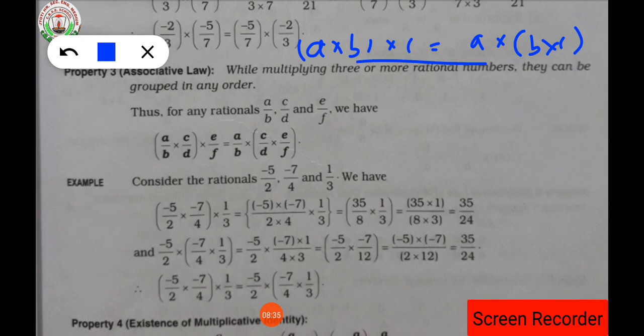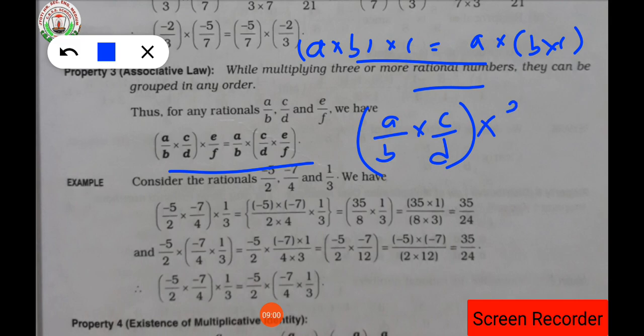This property is under integers. Since we are talking about the associative property under rational numbers, it will just change. Since a rational number is in the form of p by q, where p and q are integers and its denominator can never be equal to 0, let's take it as a upon b into c upon d into e upon f.